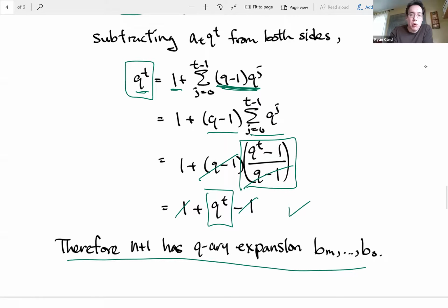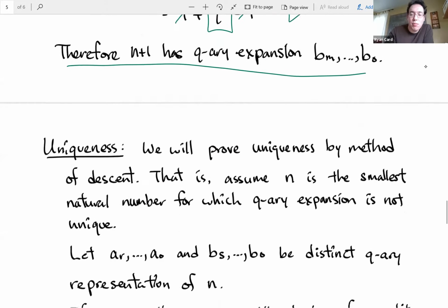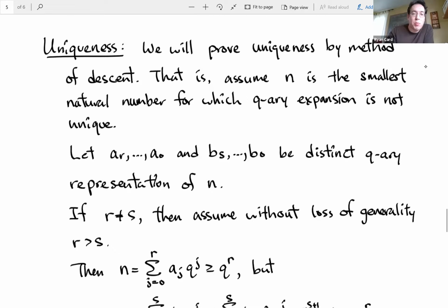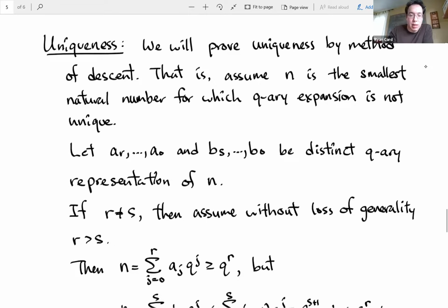Now we want to show that there's only one way to do this. So we want to prove the uniqueness part of this representation. There's only one way to do it. So we're going to do that by what's called method of descent. So remember, method of descent is kind of like what we do with contradiction. So what we're going to assume is that, okay, maybe it's not unique.